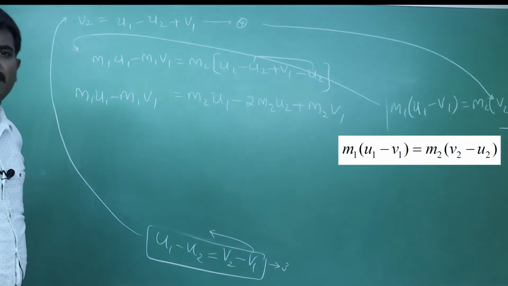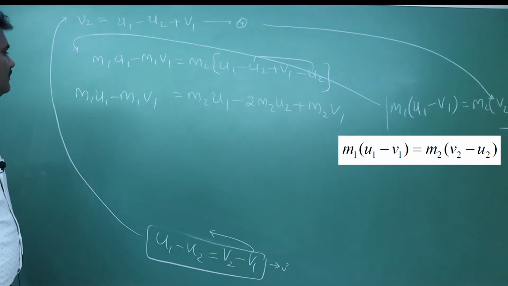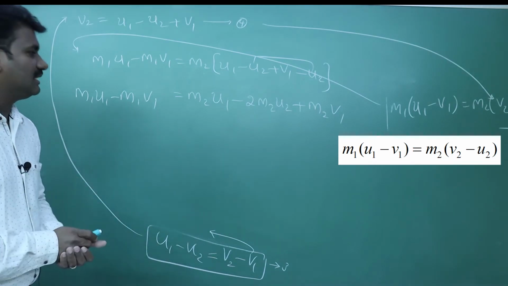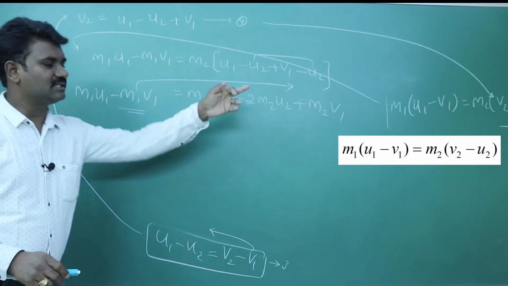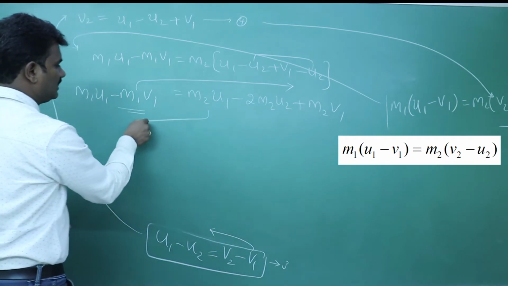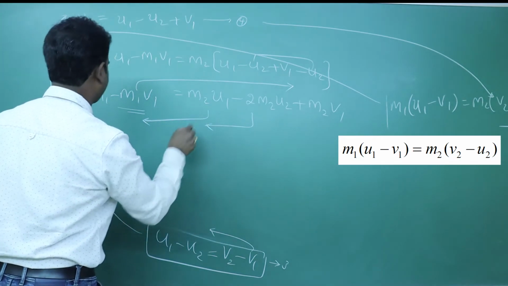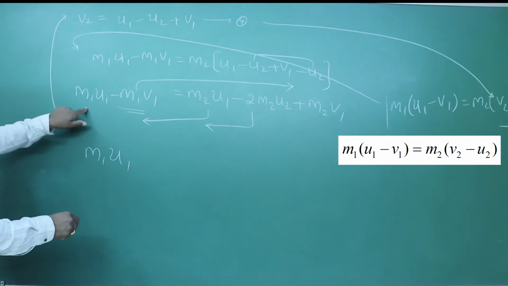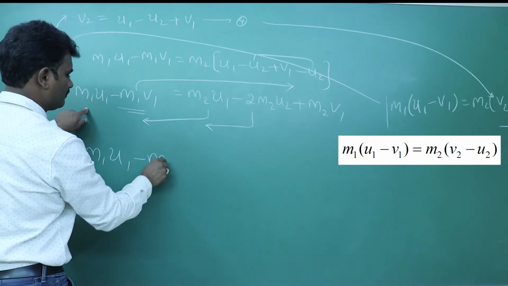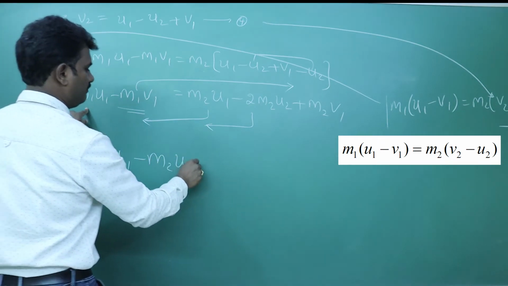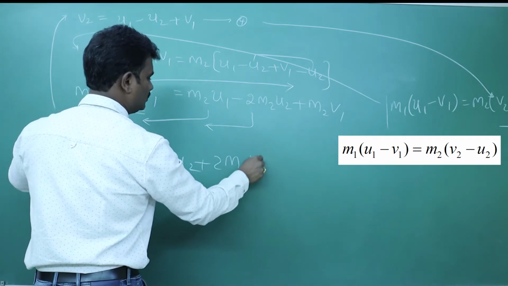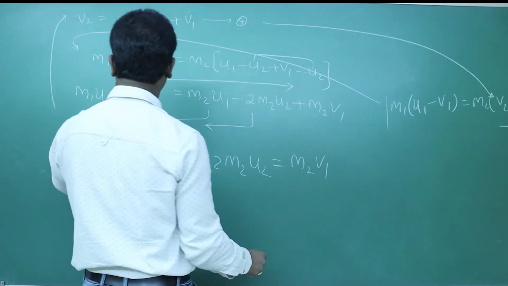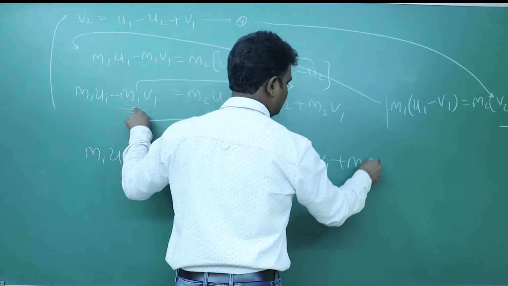What is our aim? Our aim is to find the value of v1. So I am going to bring v1 to one side and the remaining terms to the other side. I am going to move this towards right and the remaining terms towards left. So this is m1 u1 minus m2 u2 plus 2 m2 u2 equal to m2 v1 plus m1 v1.